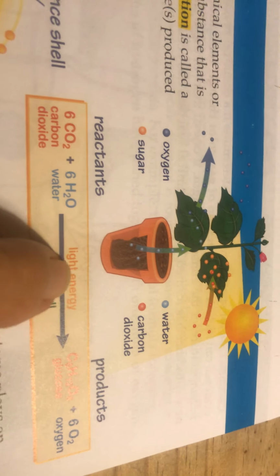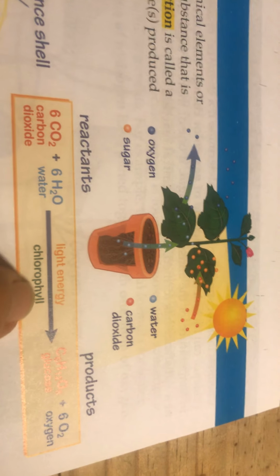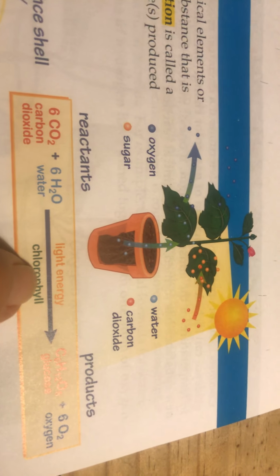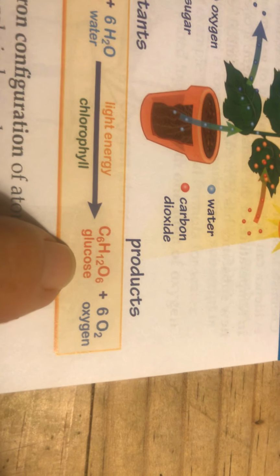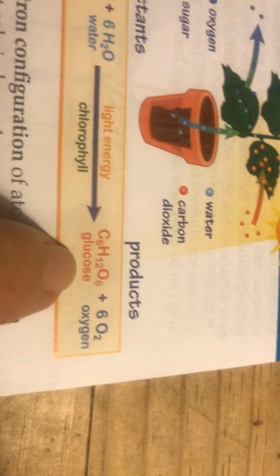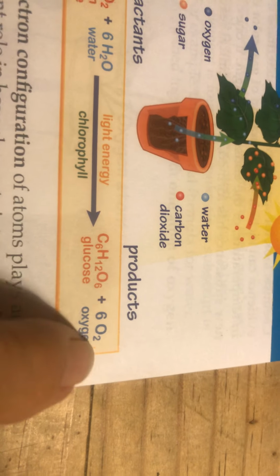You need light energy, okay? And what happens? Chlorophyll in this process turns it into glucose or sugar, C6H12O6, and 6 molecules of oxygen, okay?